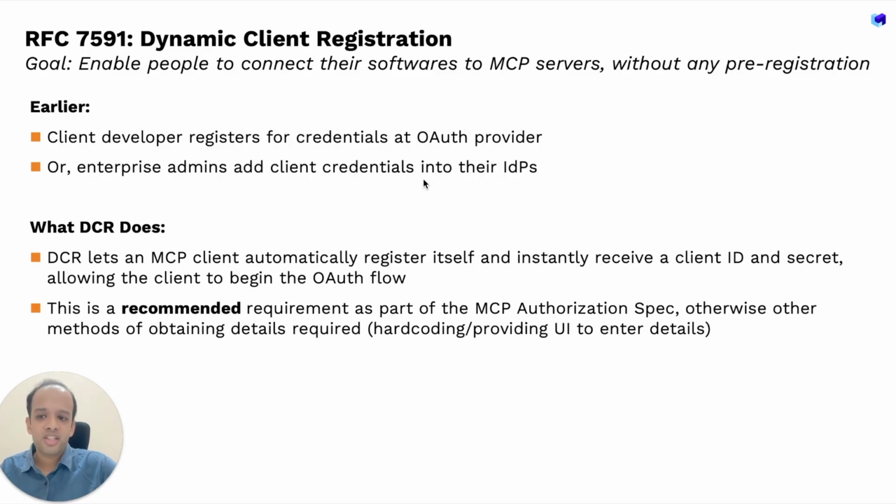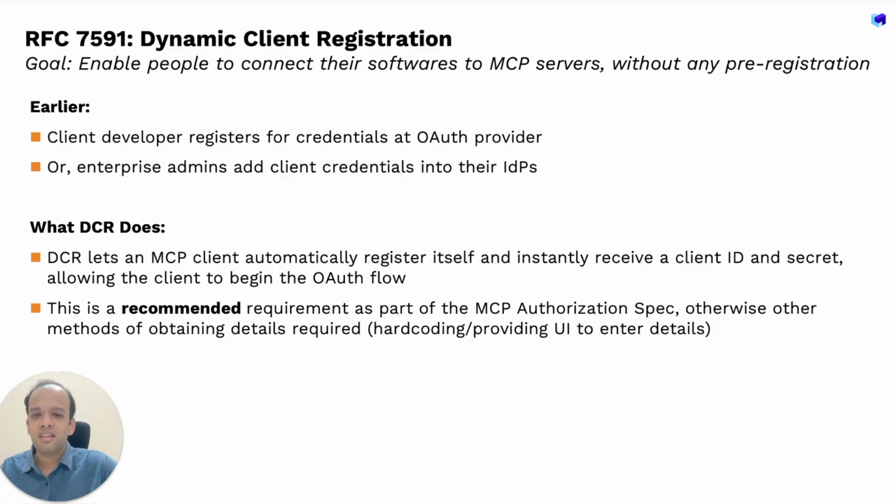What dynamic client registration does is let an MCP client automatically register itself and instantly receive a client ID and secret, right? It sends the OAuth server a JSON request at runtime, and the OAuth server instantly validates it and issues that client ID and secret, and the authorization flow starts. One thing to note is there is no authentication of that client registration request.